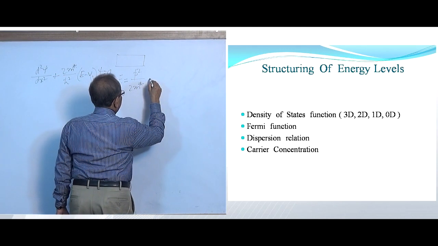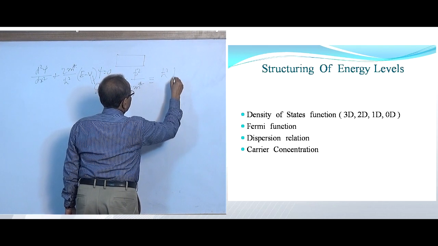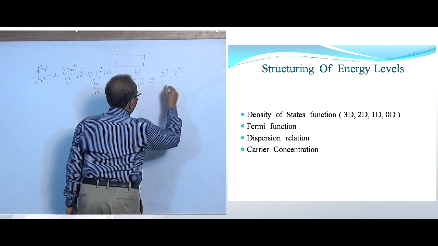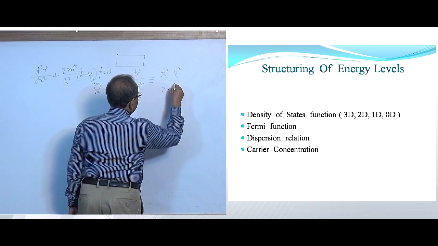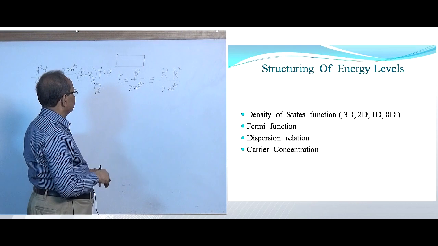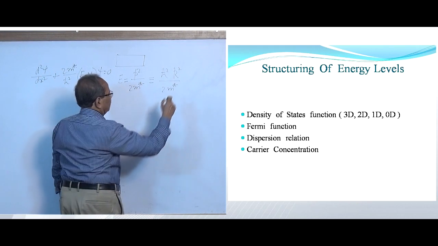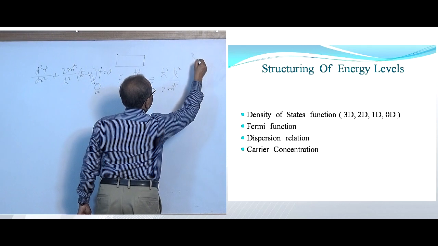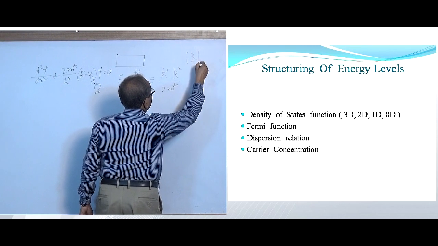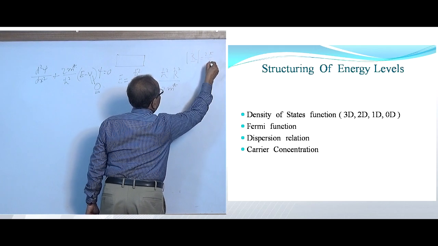Now quantum mechanically this is equal to ħ²k²/2m*, where k is the wave vector, and the magnitude of the wave vector is the wave number, k = 2π/λ. Take the modulus of the k vector, it is 2π/λ.